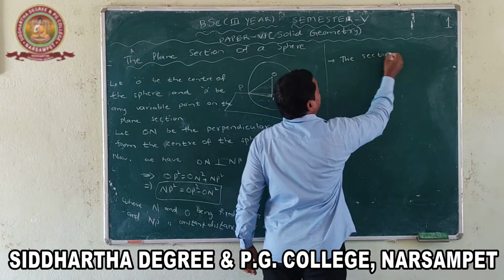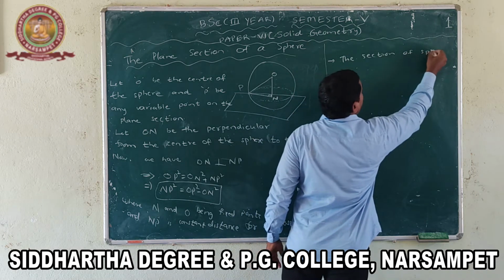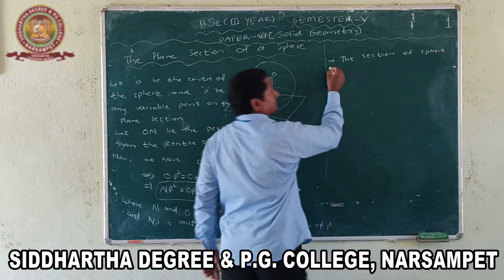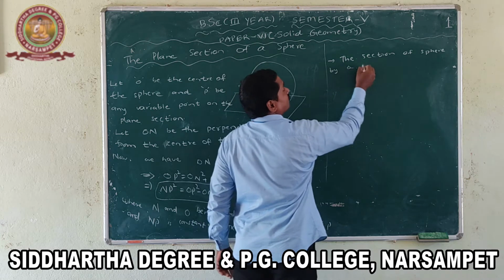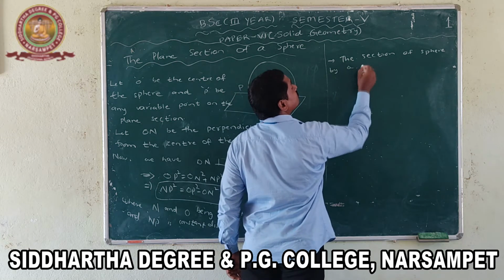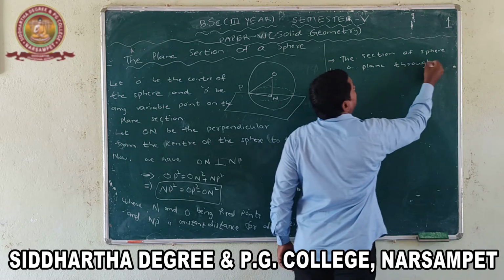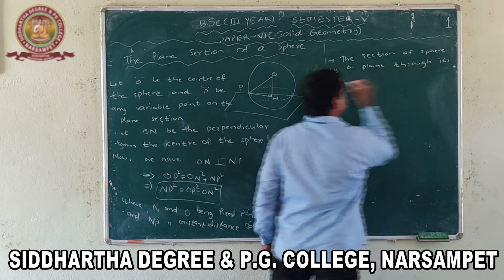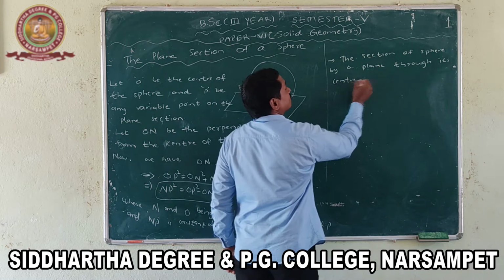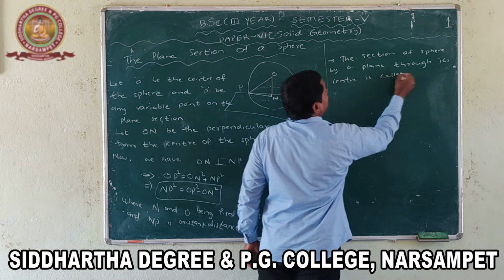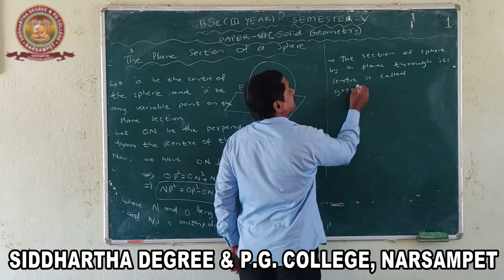The section of a sphere by a plane through its center is called a great circle.